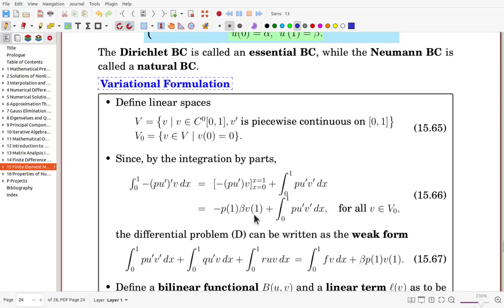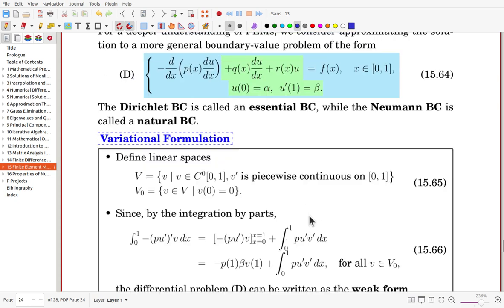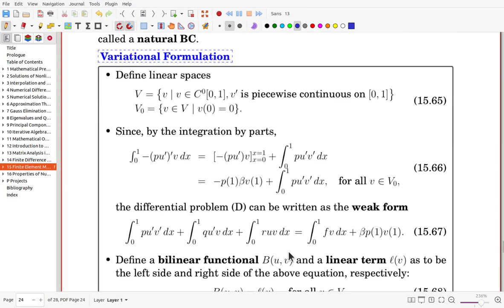Now, only at x equals 1, we have this quantity, and we have this term. So once we apply the multiplication by v and integration everywhere, and also use the integration by parts, we can reach this equation. This term is now moved to the other side. Okay, we reach this one.